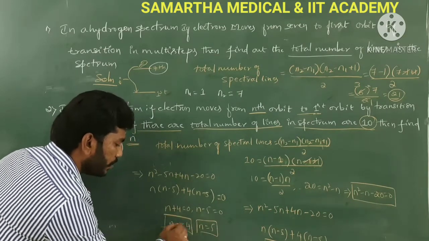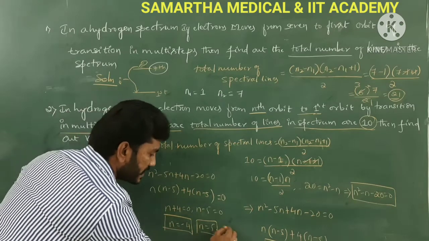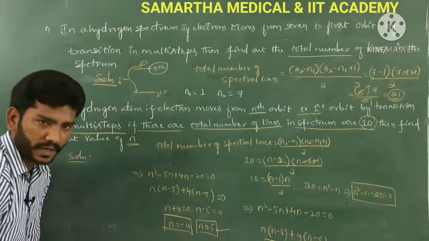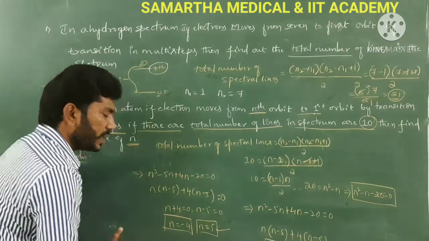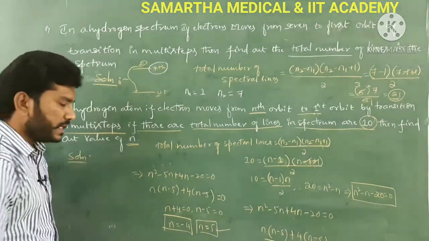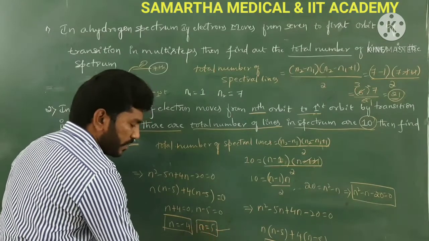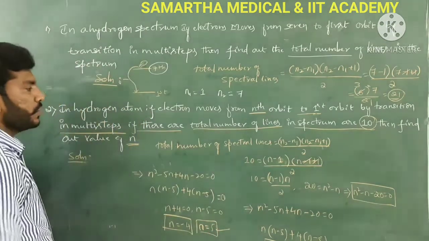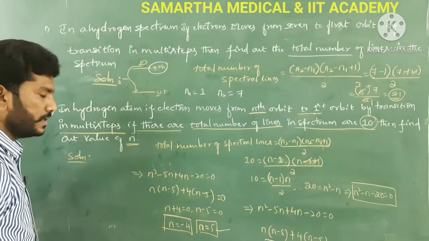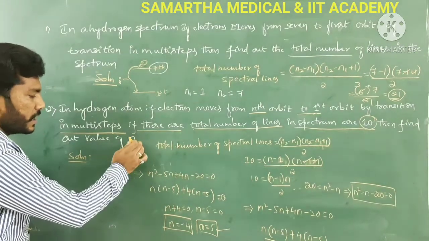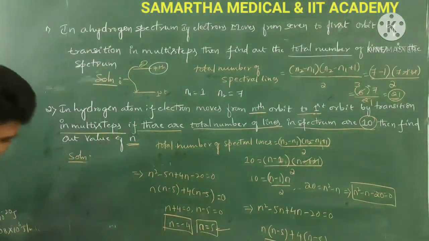So we are going to take the positive value, because n cannot be negative, guys. Keep in your mind, the n value cannot be negative. So we have to find the value of n in positive terms, and that value we consider. Okay, so ultimately for this question, the n value will be 5.